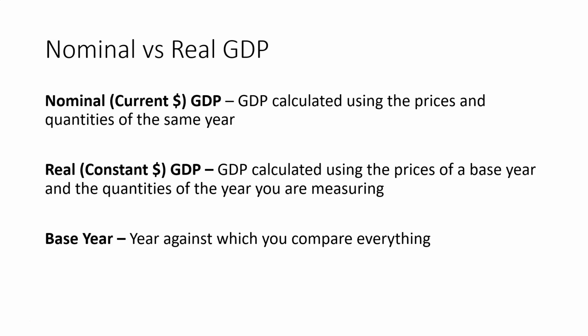Now, there's another way of calculating real GDP, and that would be to take the nominal GDP, divide by a deflator, which is just a statistic that compares prices from one year to another. But let's not worry about that right now.